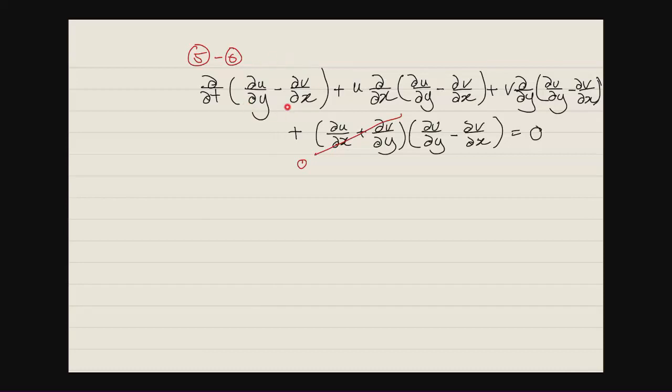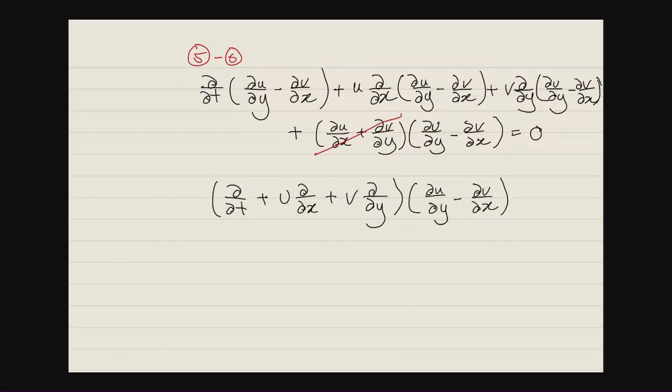Because you can see that I have this del u over del y minus del v over del x term here. So I'm going to get del over del t plus u del over del x plus v del over del y, bracket del u over del y minus del v over del x equals 0.